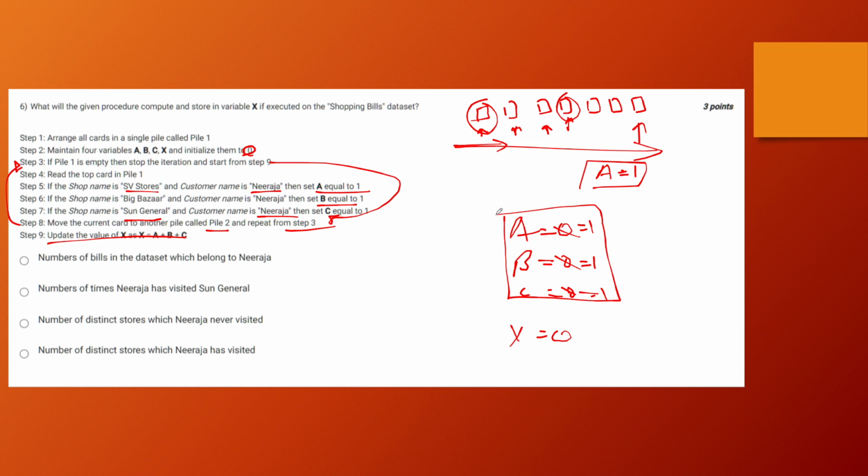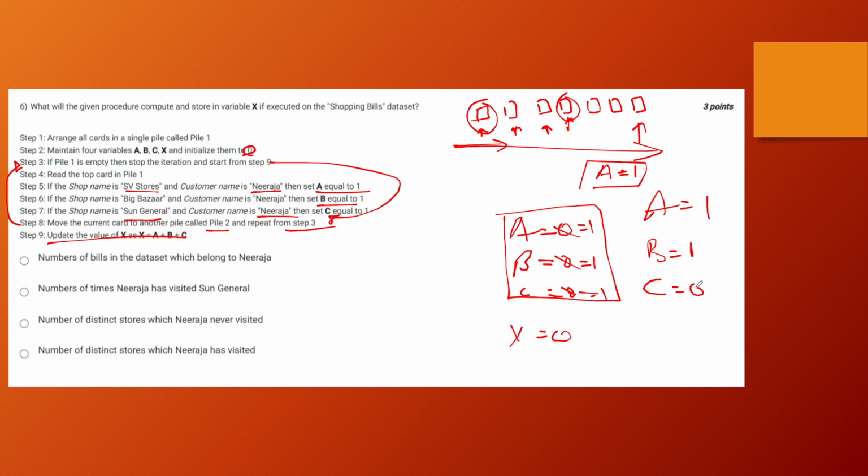Let's say in a particular set of iterations Nirja had visited SV Stores at least once, that is why it was incremented. She had visited Big Bazaar at least once, which is why you got a value of 1. But Nirja had never been to Sun General, let's say, so C remained 0.